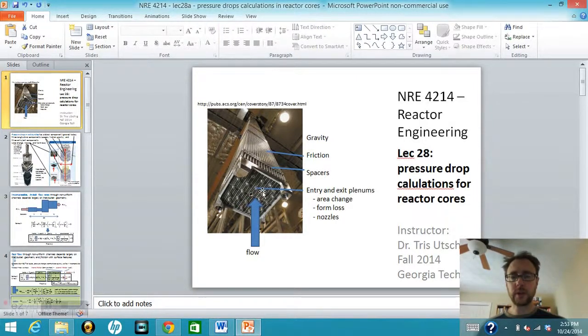And it'll encounter pressure drops at the entrance and the exit due to the fact that the flow has to squeeze into a smaller or expand into a larger area. The geometry changes cause friction as that squeezing of the area occurs, and there is also the nozzle design to get the flow in and out of the plenum.